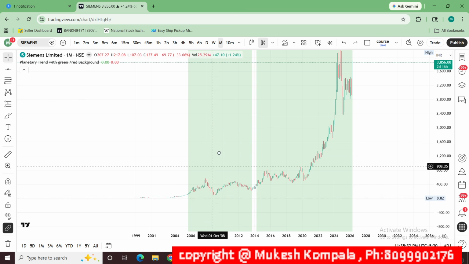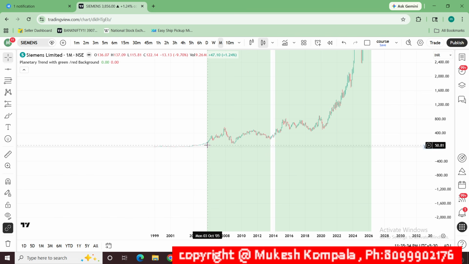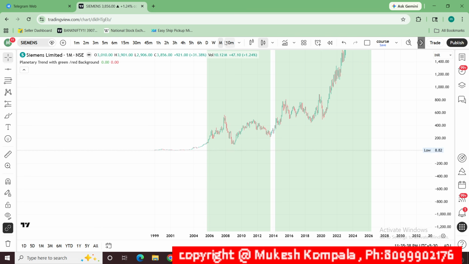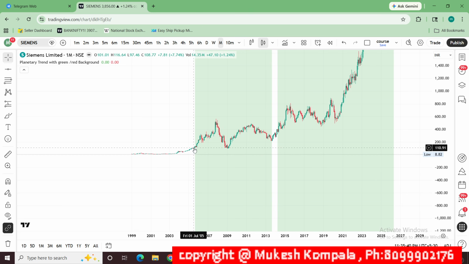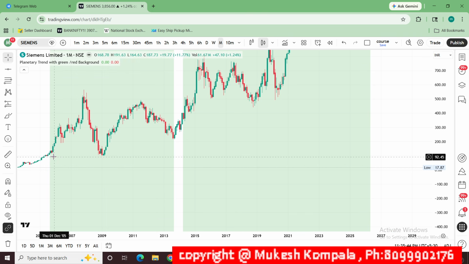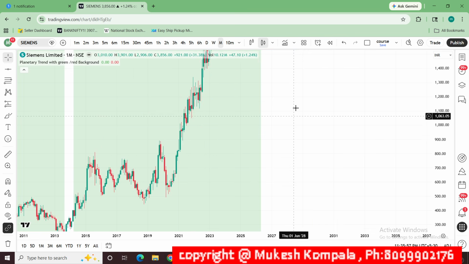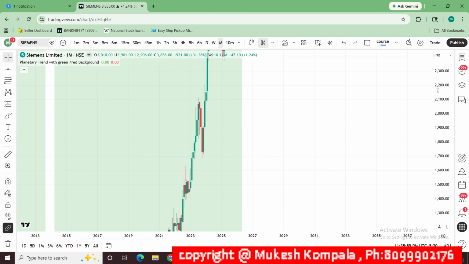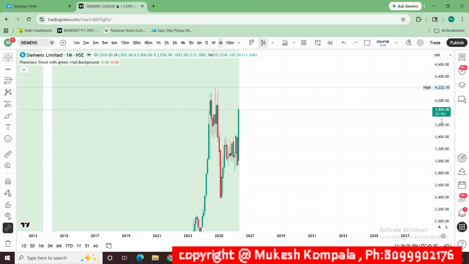See this, from the initial stage, if you go for monthly on Siemens, if you are an investor, you will clearly see it has given the price at 107 exact level. You can see the same level has been touched here, and now it's completely going upside.